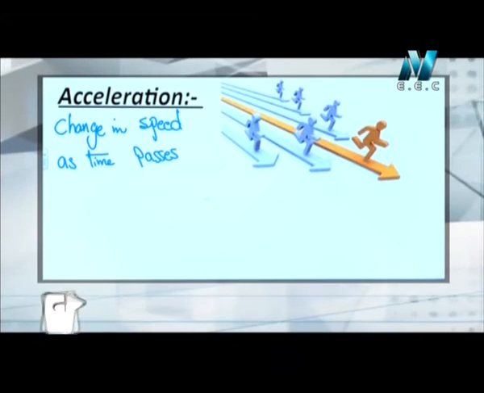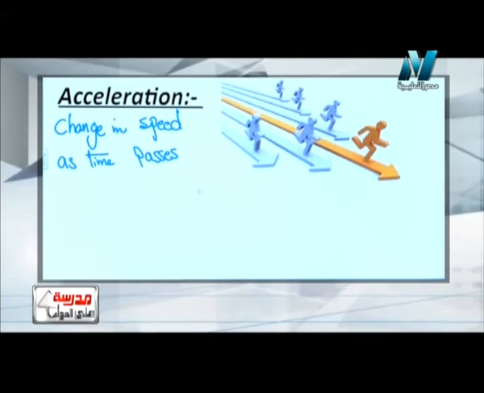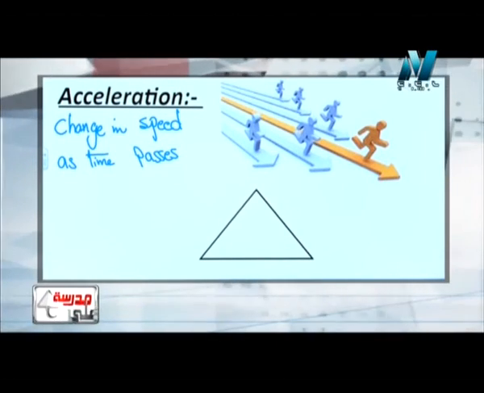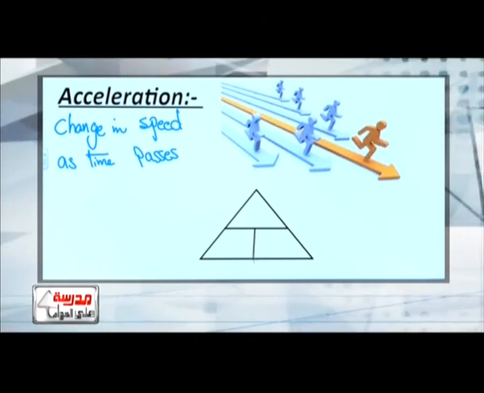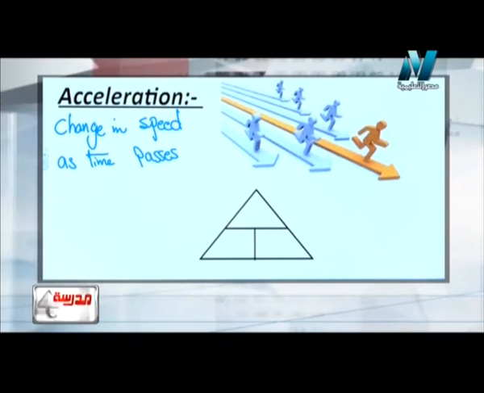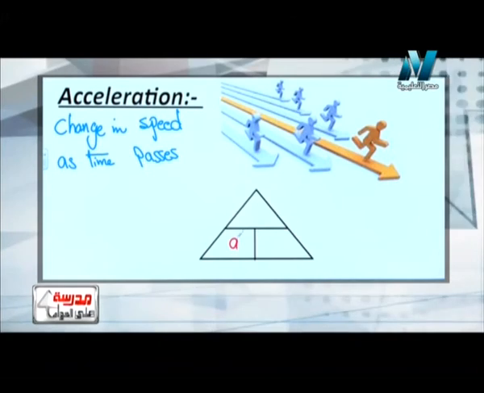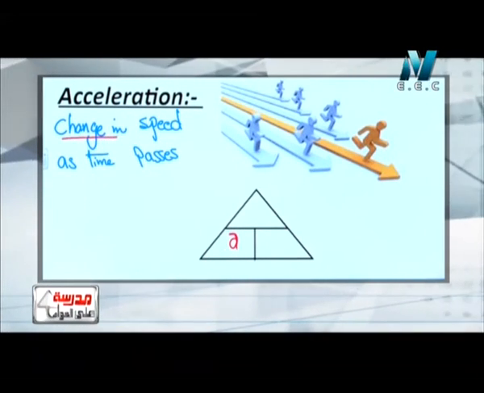Number one, we have the mathematical graph, the magic triangle. We talk about what? Acceleration. A small acceleration. Change in speed.